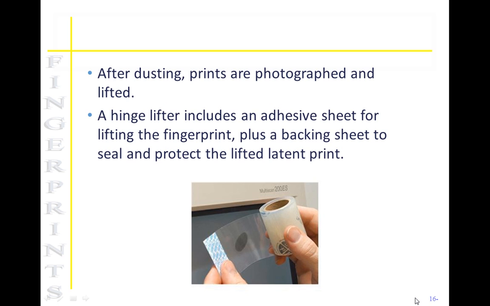Opening up the hinge lifter exposes the adhesive and allows it to be pressed against the dusted latent print. So the powder will adhere to the adhesive, allowing it to be lifted, and then the lifter is closed, putting the adhesive onto that backing sheet, which is going to then protect that lifted latent print.